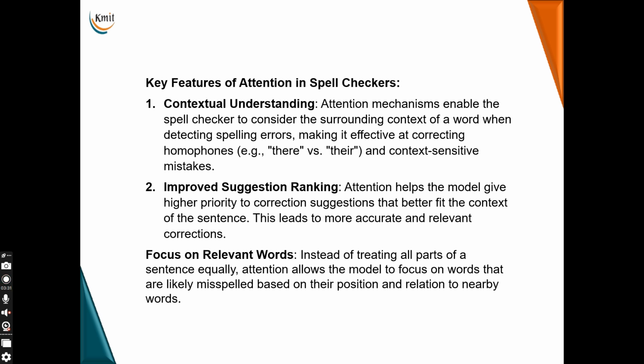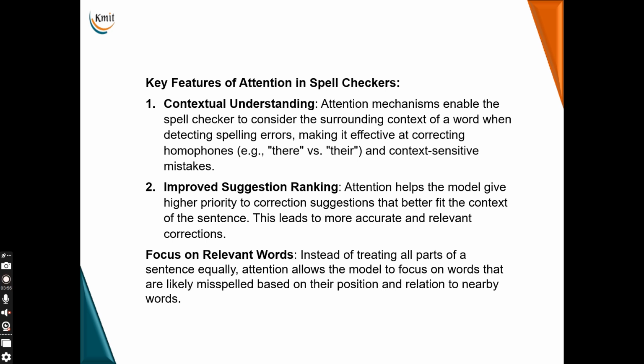Whereas the moment you introduce the attention concept into the spell checker, it will try to identify the relevance of a particular word in the context. How does it know the relevance? It will try to identify the relationship between the word which you think is inappropriate there and other words in the sentence.